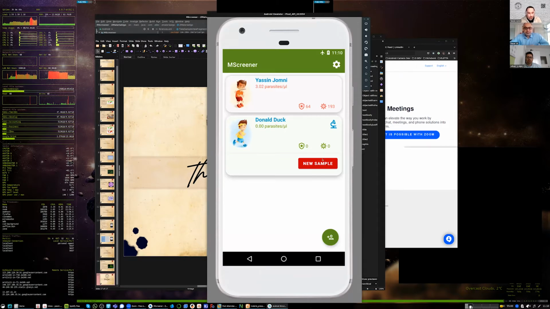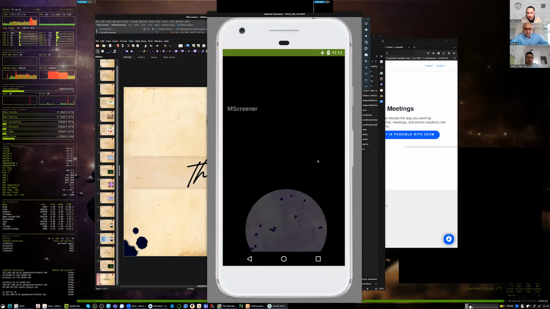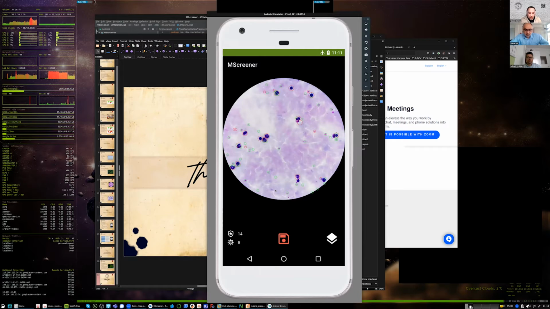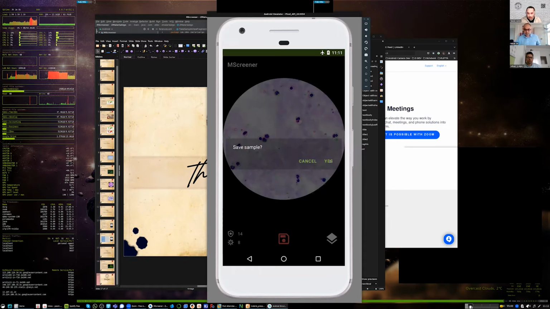You put the phone on an adapter first, and then you take a picture. This is the picture, and then you click on this. It gets analyzed, and then you can save it like this.